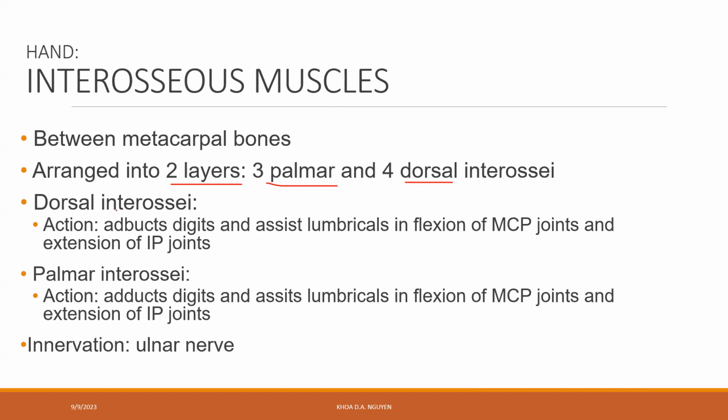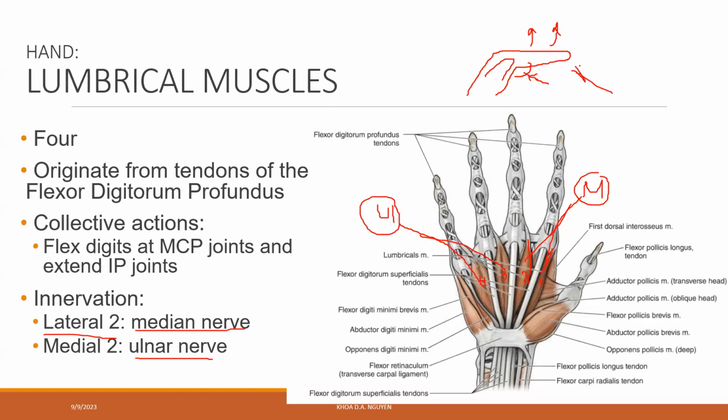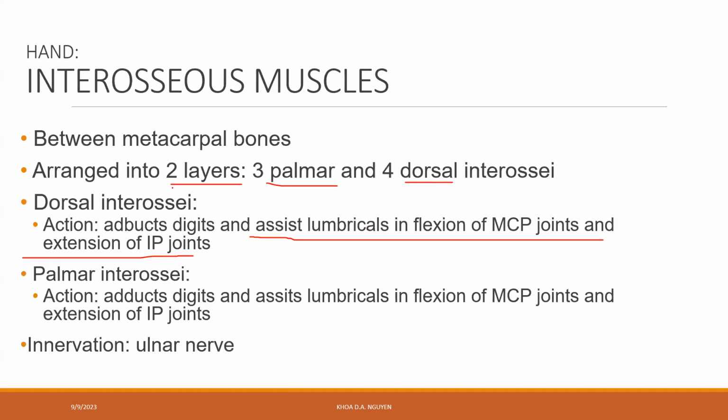The dorsal interossei muscles abduct the digits and assist the lumbricals in flexion of the MCP and extension of the IP joints. So this one helps the lumbrical in the same action that we have seen before. However, they also abduct the digit.